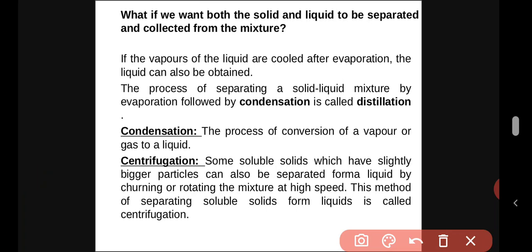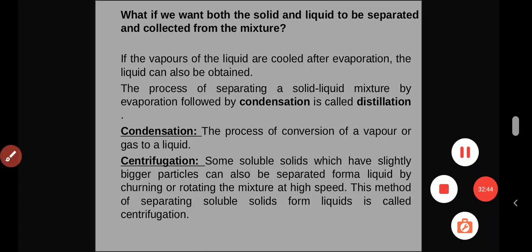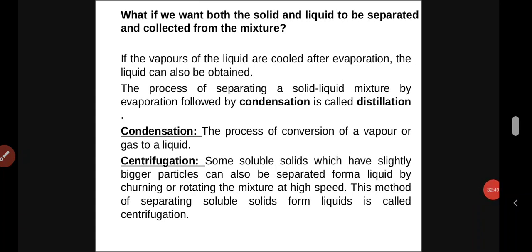But nowadays we have machine technology, so they do it that way. But in ancient times, how they did it, please ask your parents and know about it. So centrifugation is high speed rotation that churns and separates out the liquid and the solid.